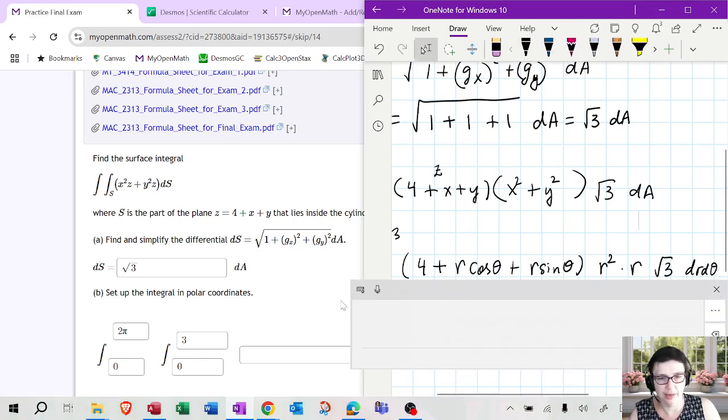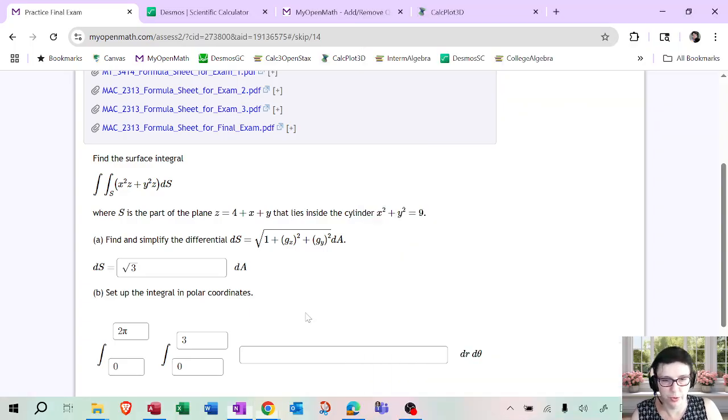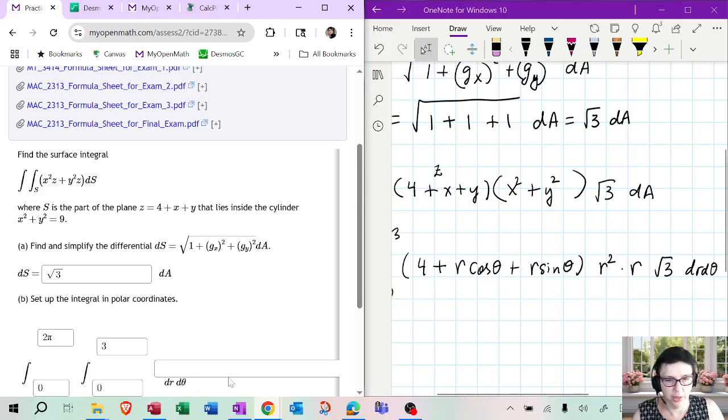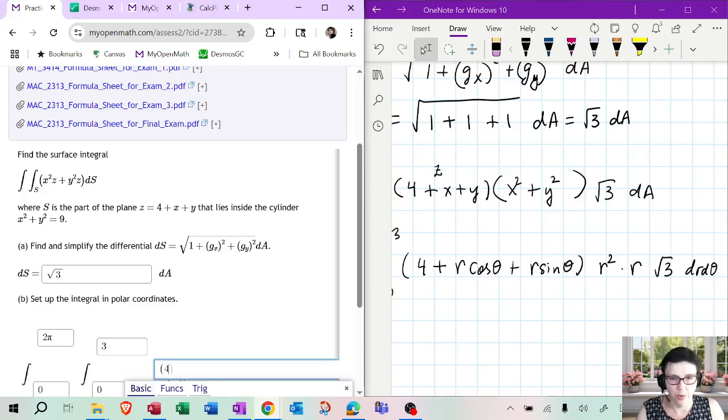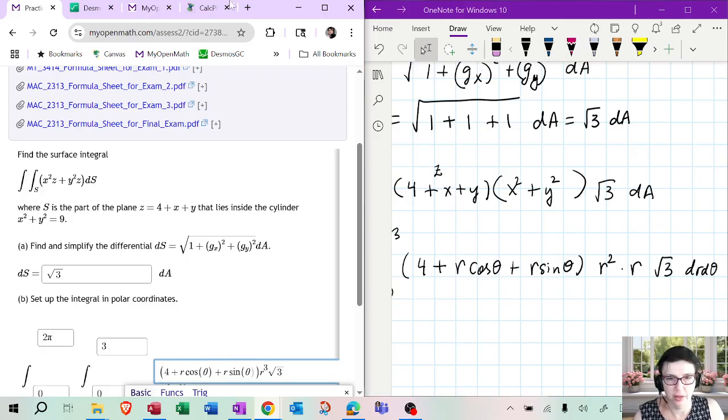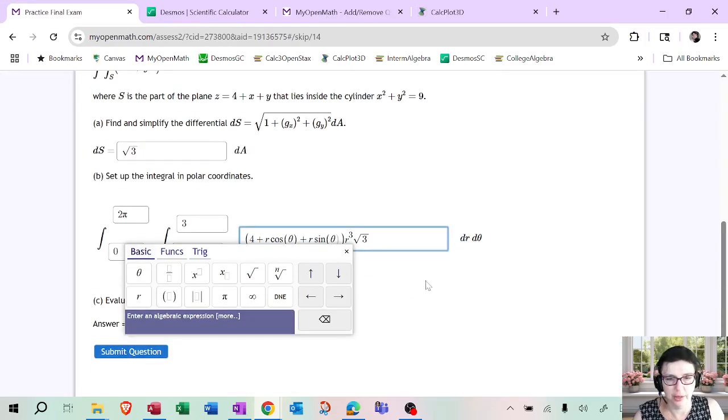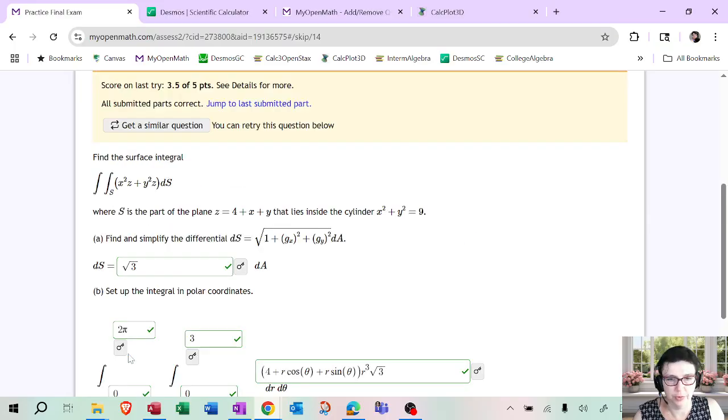That's a lot of stuff to put in. So we get 4 plus r cosine theta plus r sine theta, multiplied by r cubed, and then square root of 3. That's the ugly integral we are going to have to integrate.